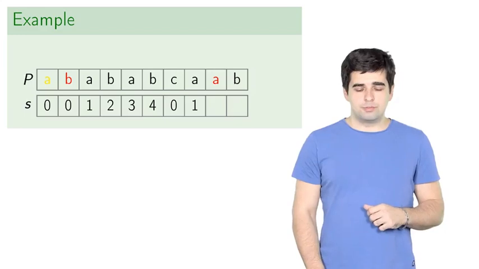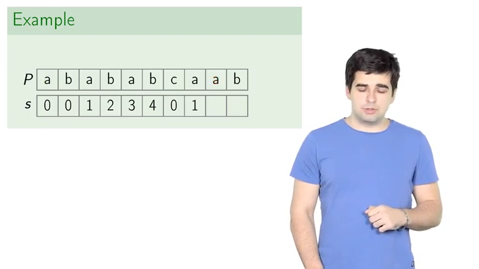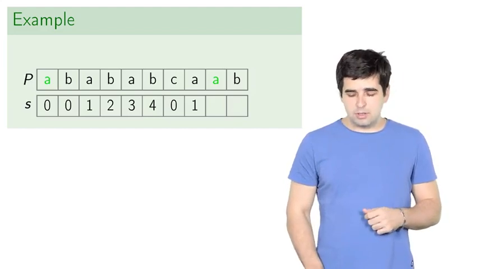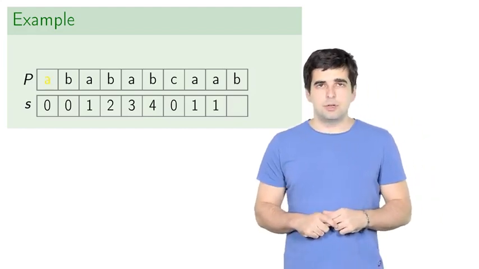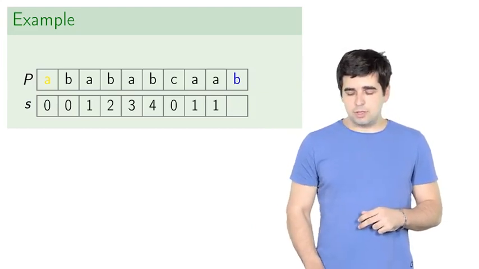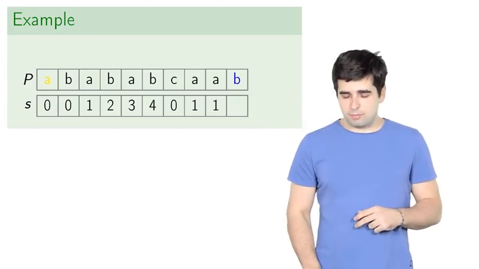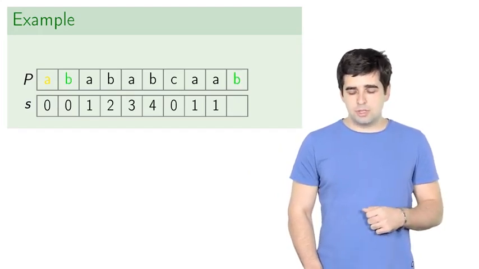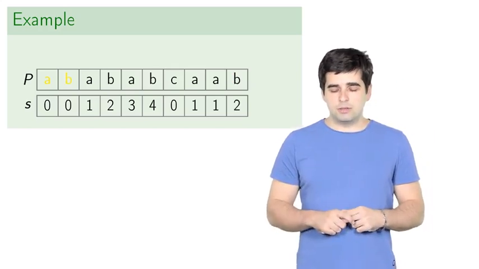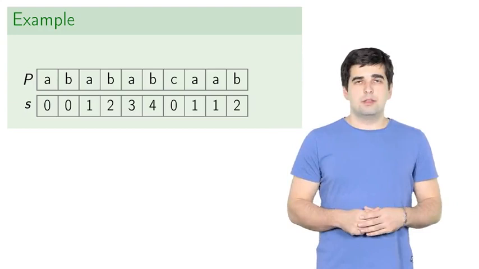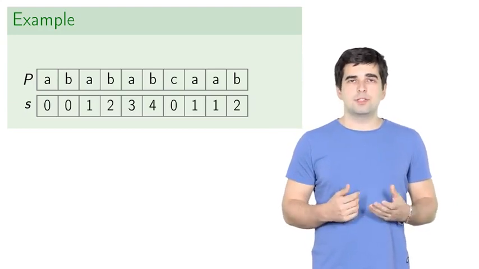So what we need to do is go through all the borders of the prefix ending in position i by decreasing length. And as soon as we find some border such that the next character after it is the same as the character in position i plus 1, we can compute s of i plus 1 as the length of that border plus 1.